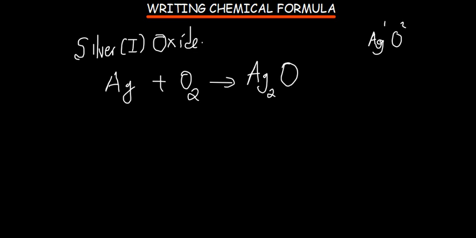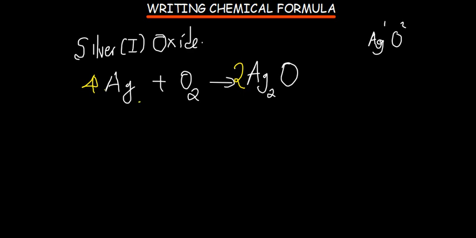To balance this, you can see oxygen is not balanced. I'm going to put a 2 in front here to balance oxygen. If I put a 2 there, it means that the silver has become 4, so I now put a 4 here. So that is how we balance this equation. We can also write the state symbols.